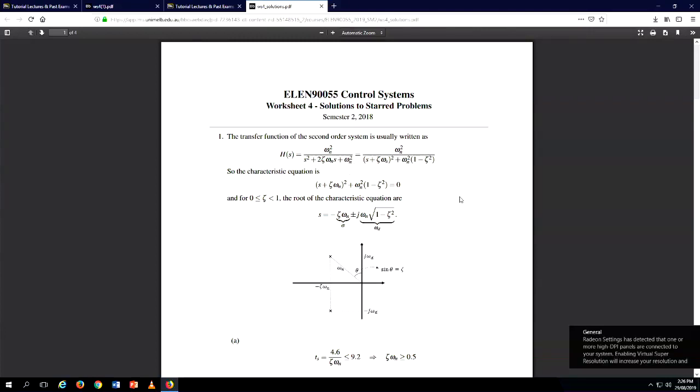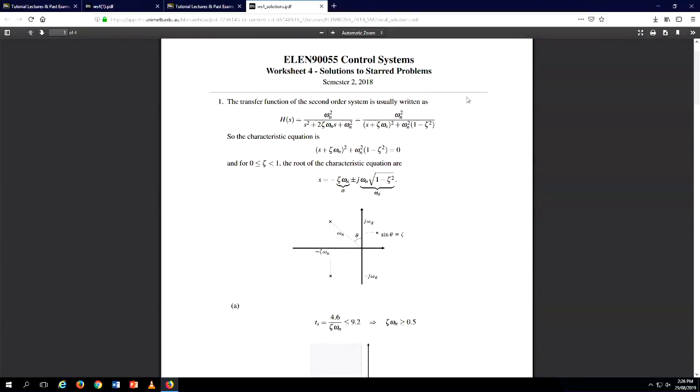This was done in the lectures. So the poles of this transfer function can be written in terms of the real parts and imaginary parts.